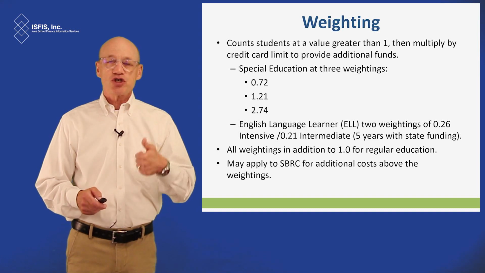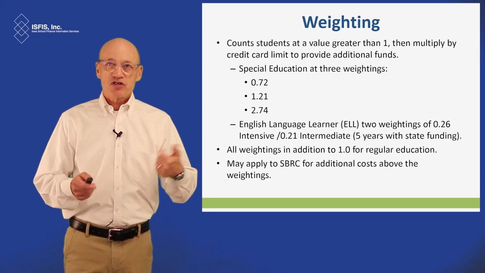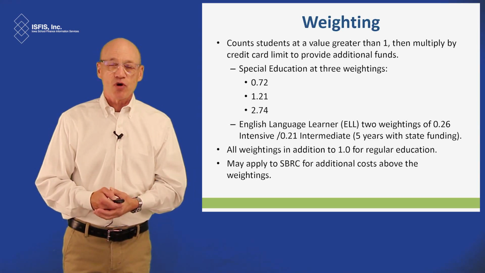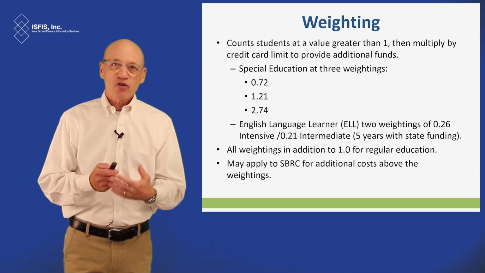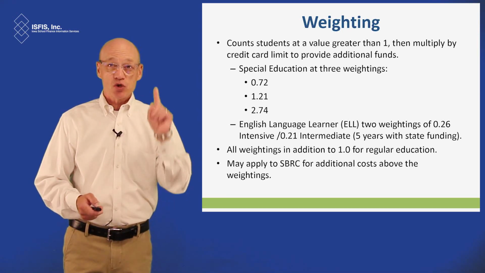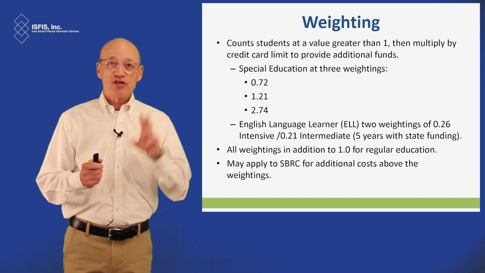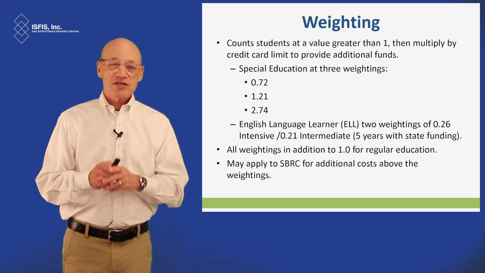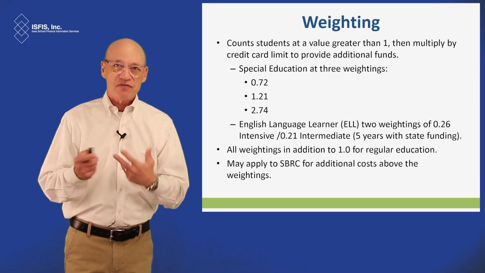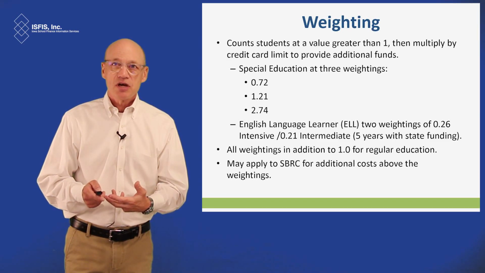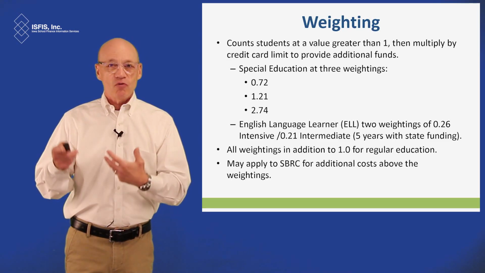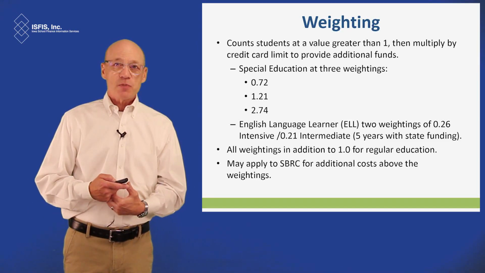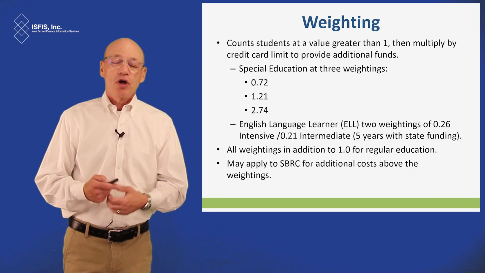These are all in addition to the 1.0 weighting that a student receives as part of their regular education program. So a level 3 special education student counts as 1 for regular ed and then 2.74 students for special ed for a total of 3.74 students times $7,600. And this generates additional resources for special education students.